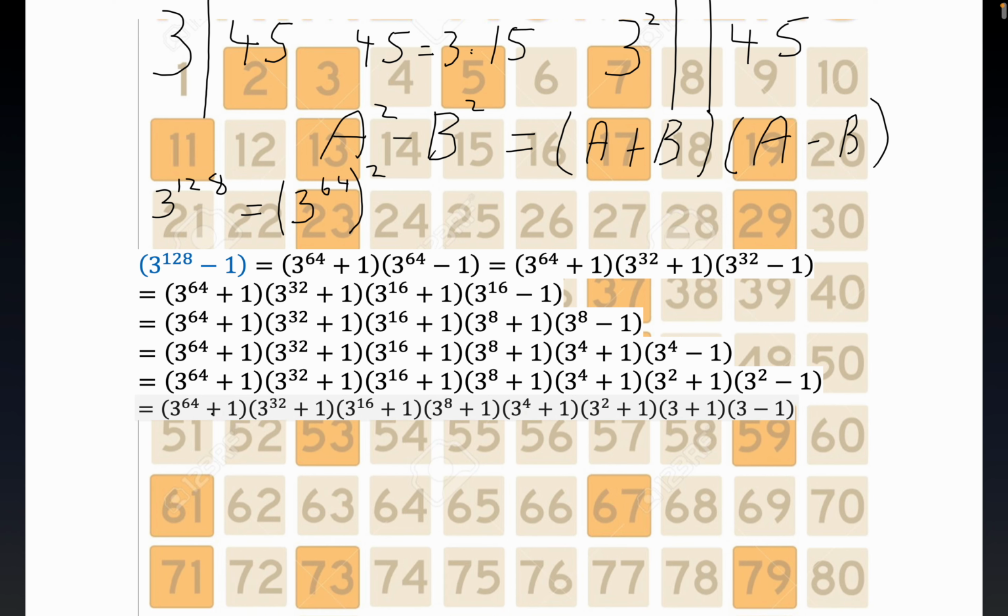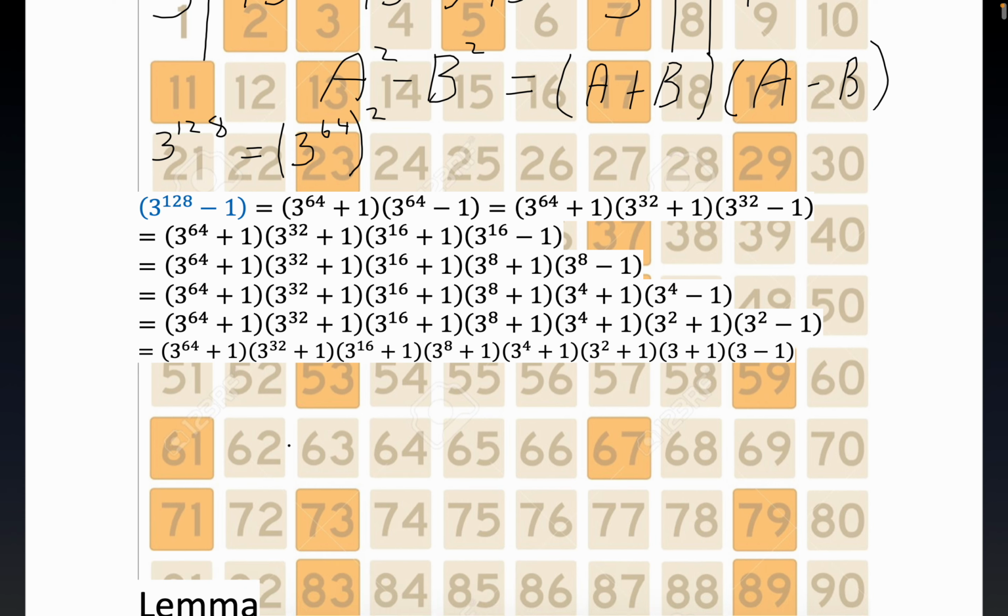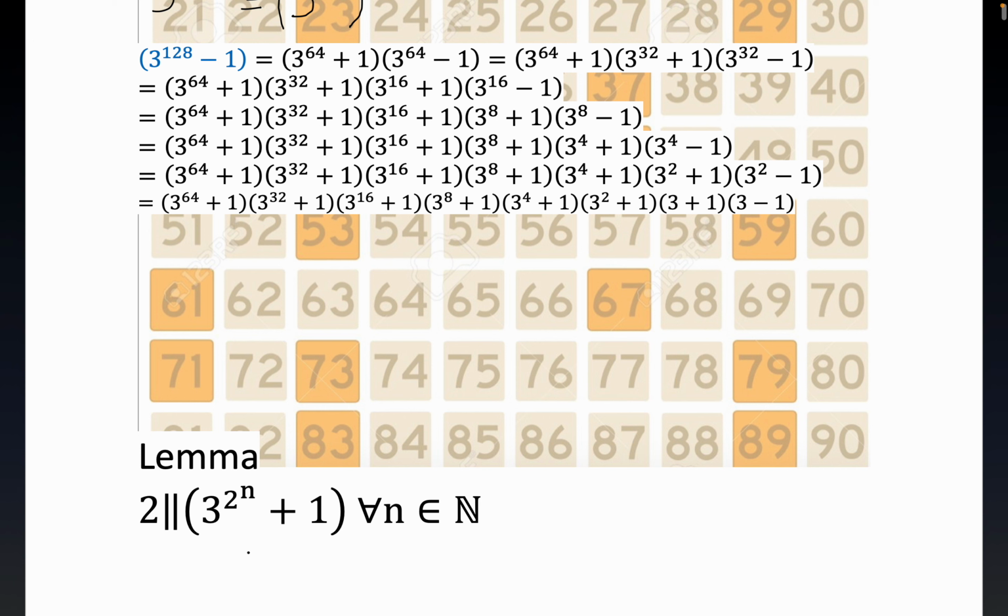It turns out each one of these parenthetical quantities is divisible by 2 exactly. And here's the result. And again, this is something we could prove also. It's very clear that 2 divides 3 to the 2 to the n, plus 1. You can verify that. Just check 0 and 1. You get 2 and 10. And it works for 0 and 1, which are the only remainders when dividing by 2.